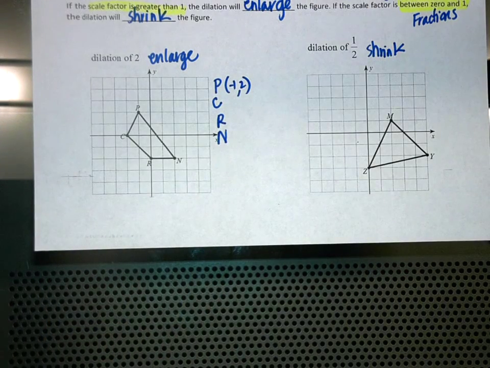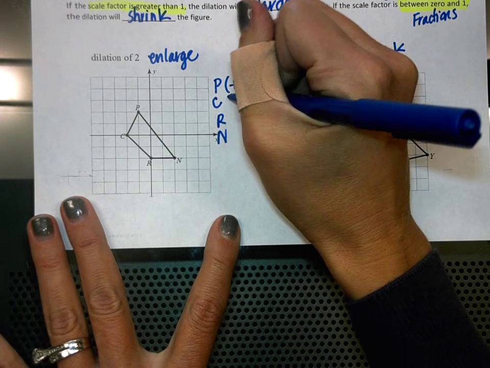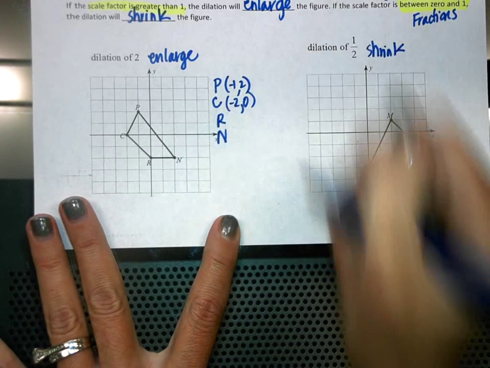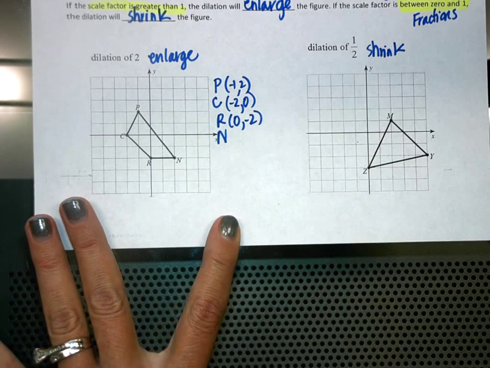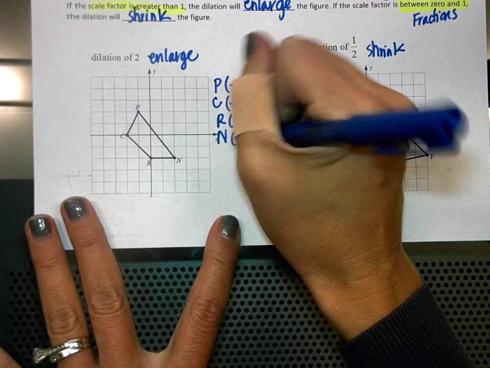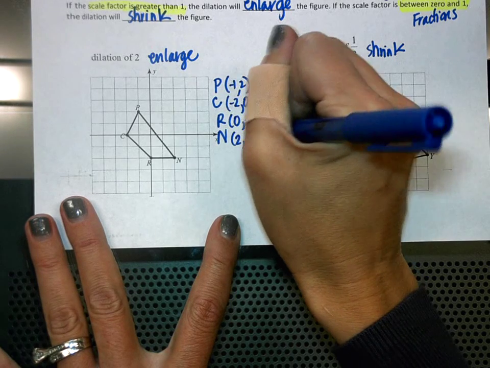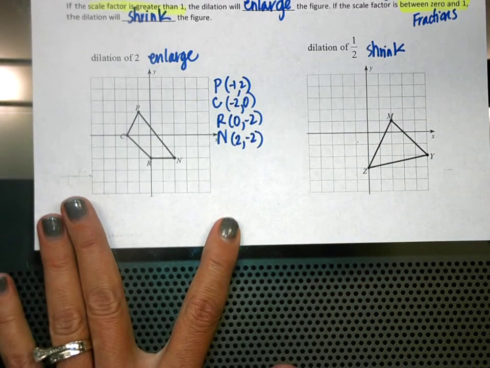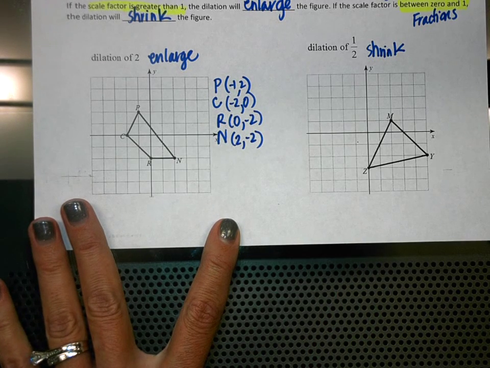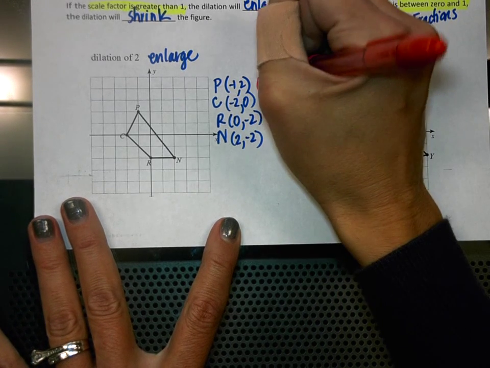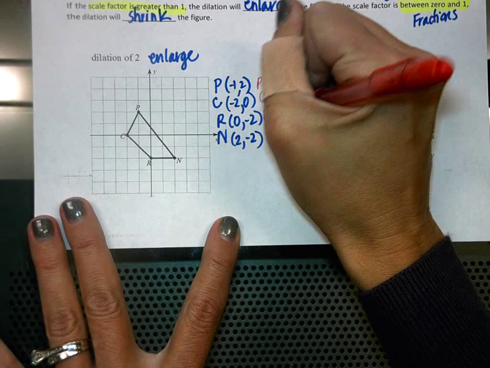For C, good. -2, 0. R is 0, -2. And N is 2, -2. Okay, I always like doing my primes right next to them because it's easy to multiply through and see them. So we have P prime, C prime, R prime, N prime.